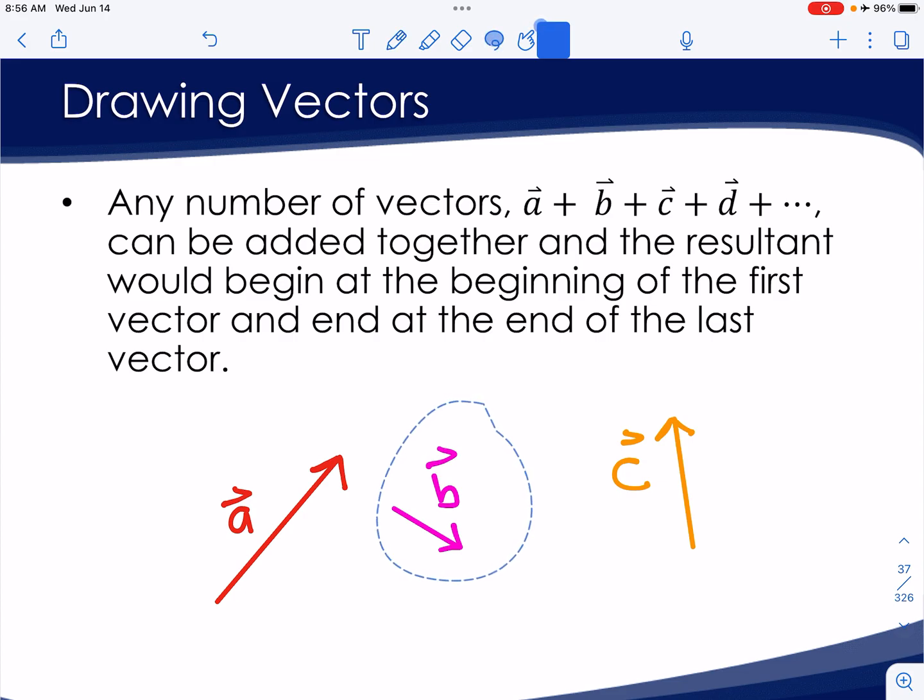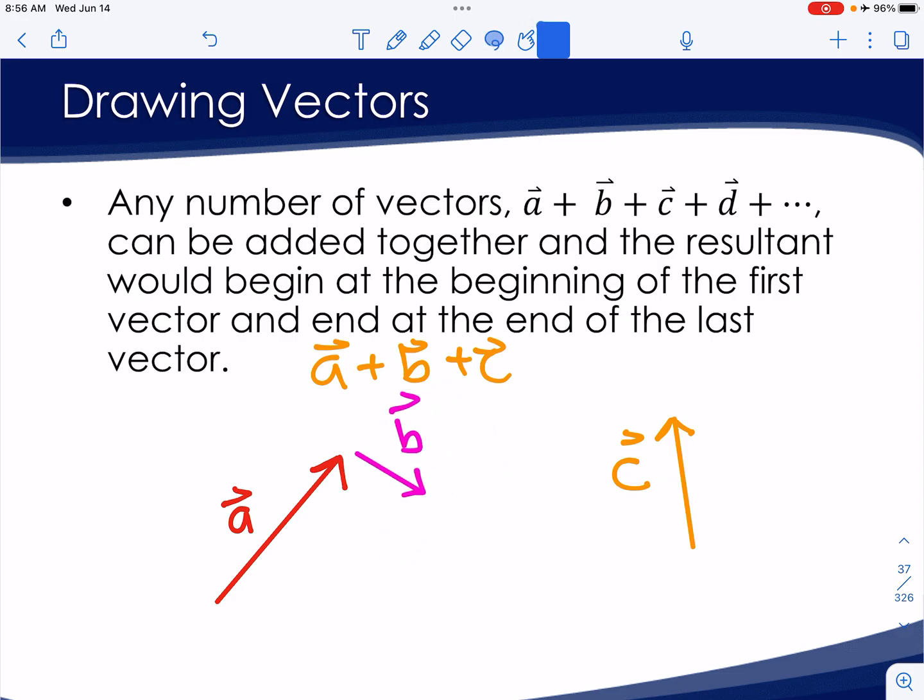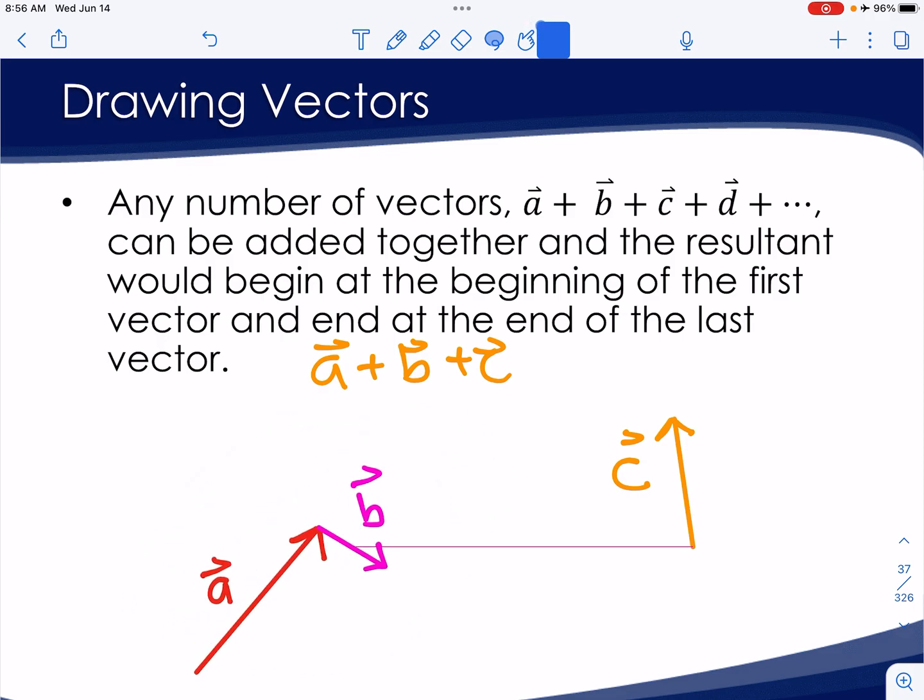If the problem was A plus B plus C, we could take our vector B and put its tail at the head of A, and I think we might need to move this down a little bit. We might need to move this over here.